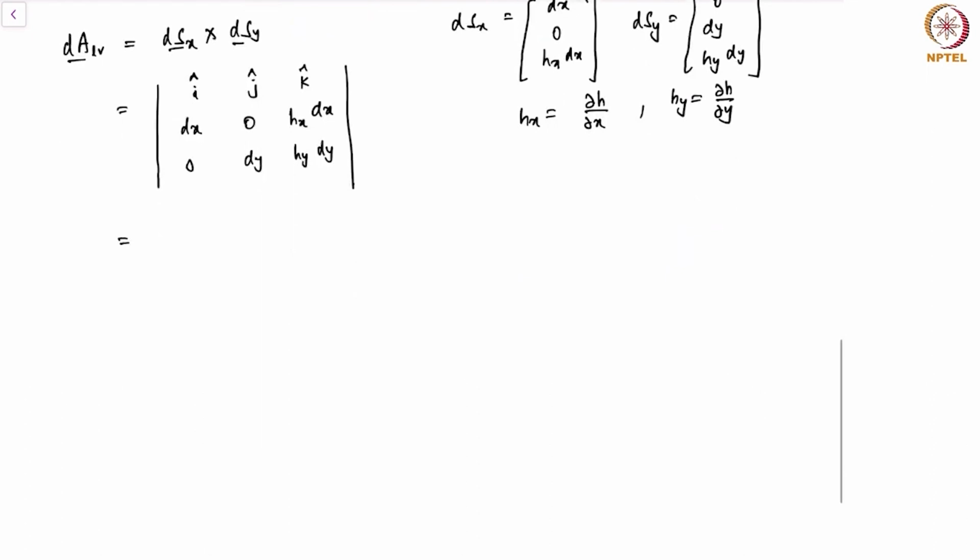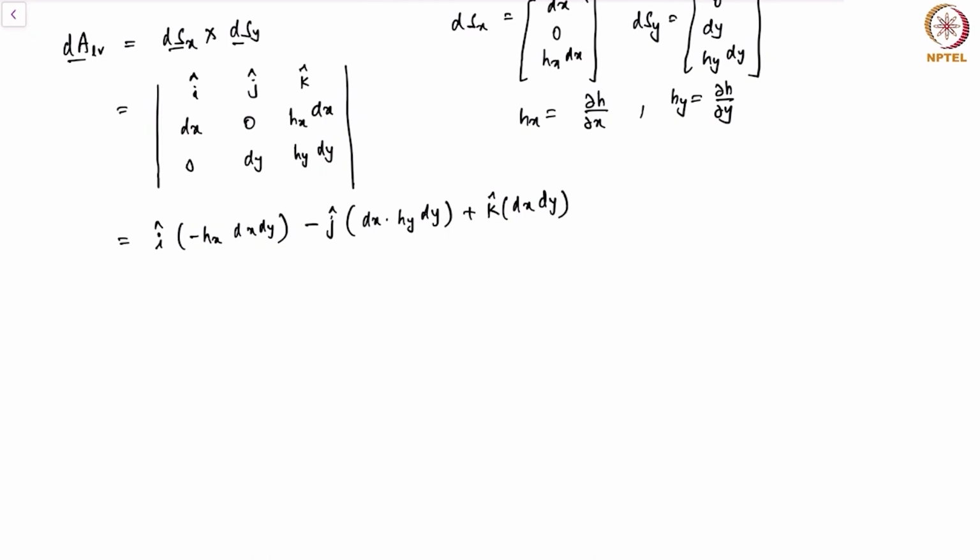I'll do the simplification: I have minus hx dx dy, dx times hy dy, and the final one is dx dy.